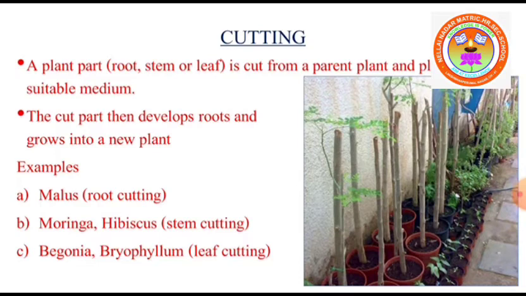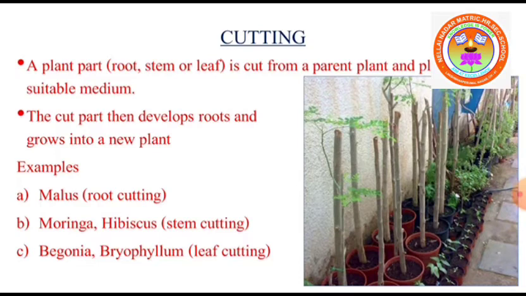Once the part produces roots and grows into a new plant, you can grow it as an independent plant. Depending upon the plant part used, cutting is divided into different types: root cutting, stem cutting, leaf cutting.